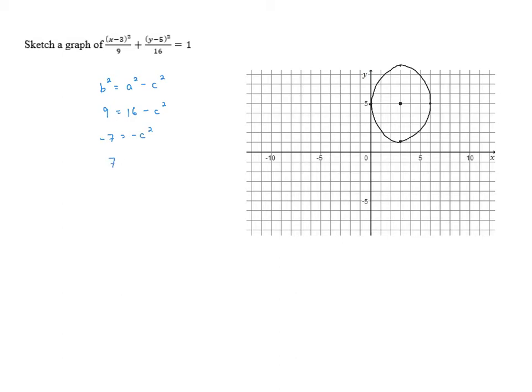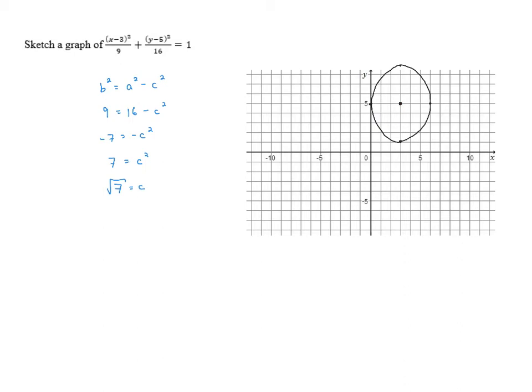We can make both of those positive by dividing by negative 1. And then we get c equals the square root of 7. So what this means is that the foci are located along the major axis, root 7 units above and below the center.